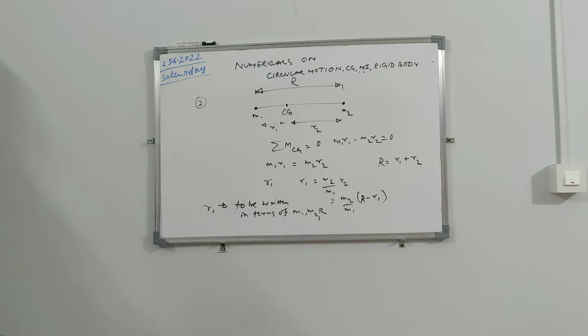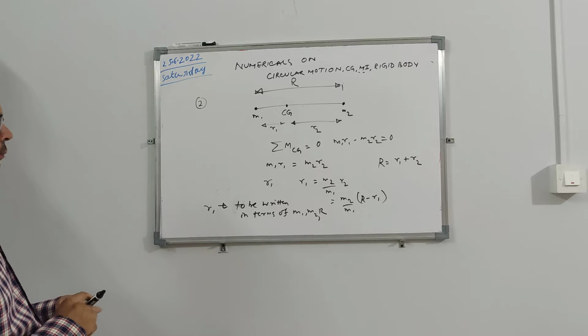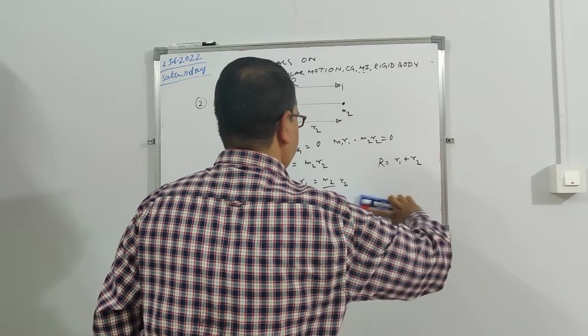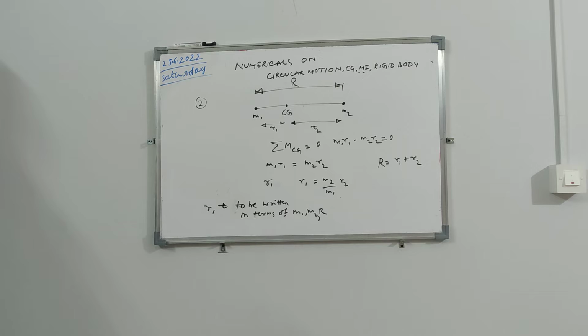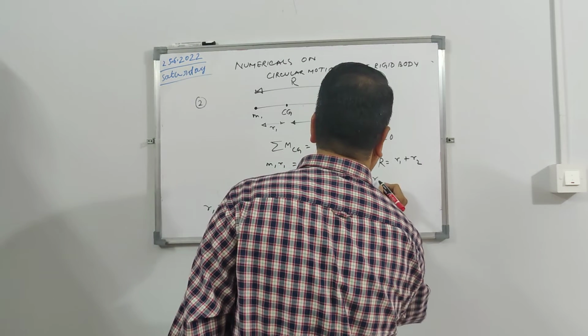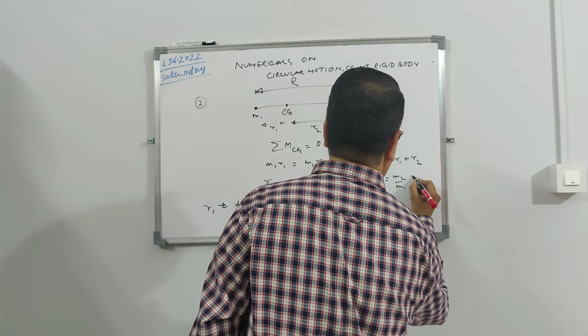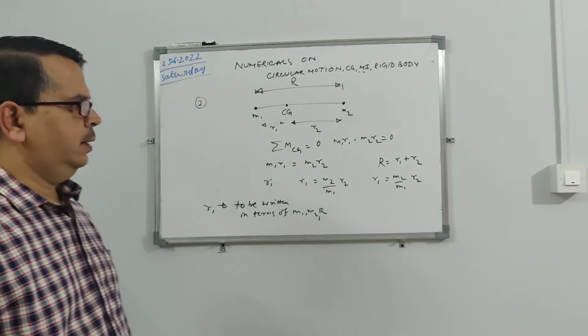So we know that R1 is equal to M2 by M1 into R2, right? Yeah, we need capital R.